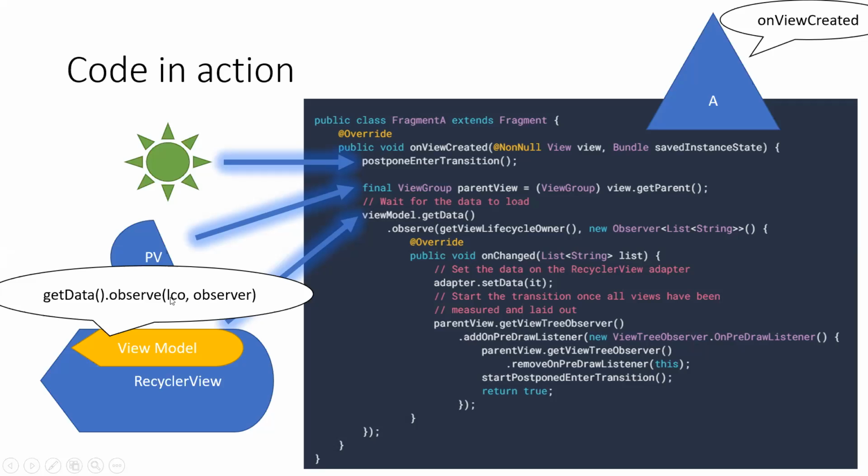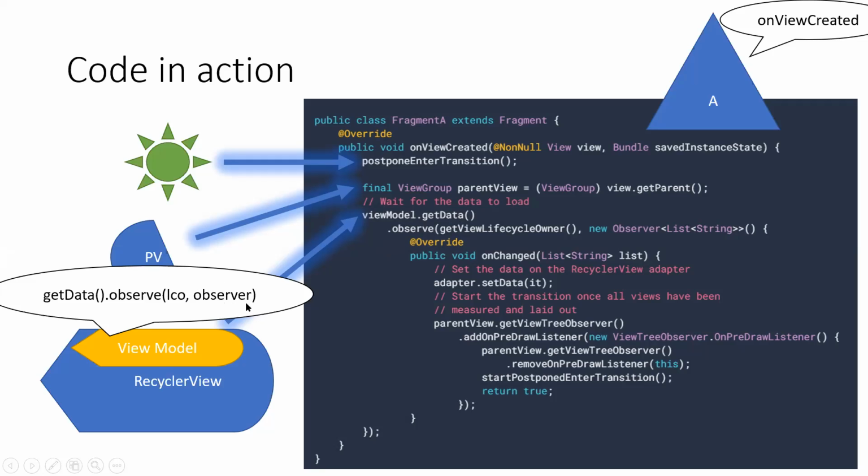So it gets hold of the lifecycle owner. This view model fires the method getData, and then it calls the observe method, passing the lifecycle owner and observer.